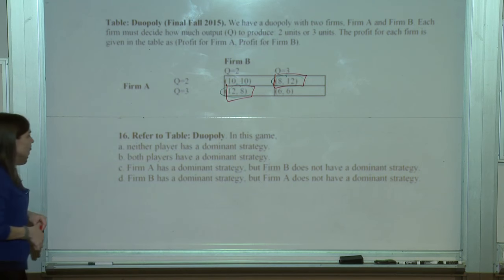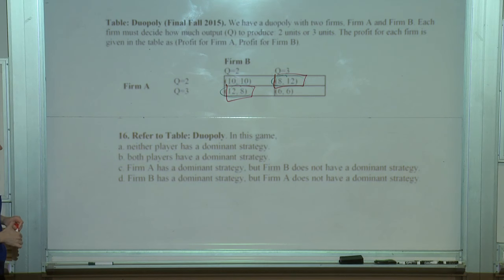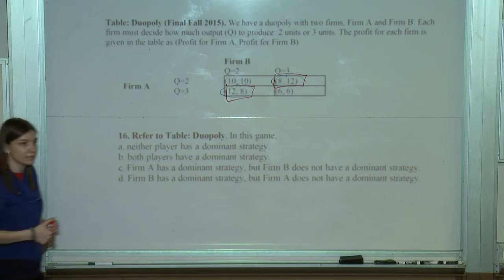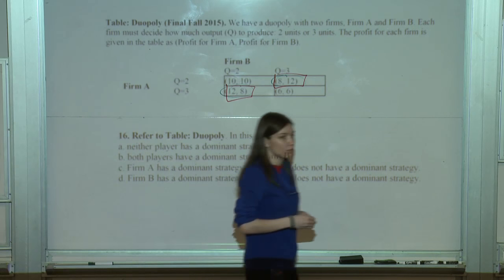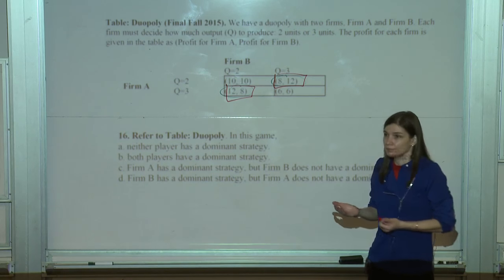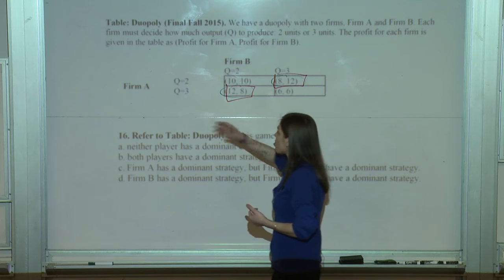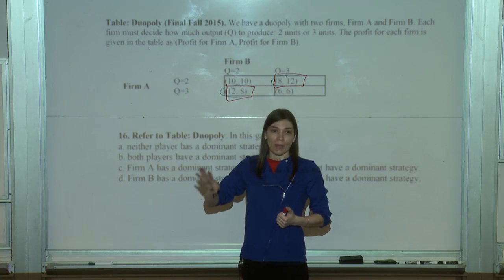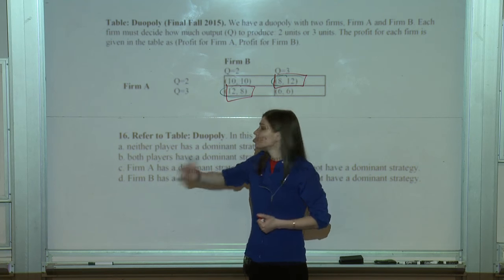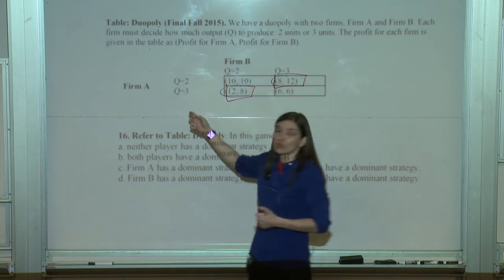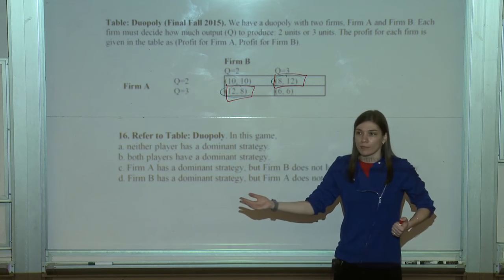So in this game, it's about dominant strategy. Which player has a dominant strategy? Neither, because there's not one single strategy that they're going to choose no matter what. It's not true that firm A, for example, is going to choose 2 no matter what firm B does.